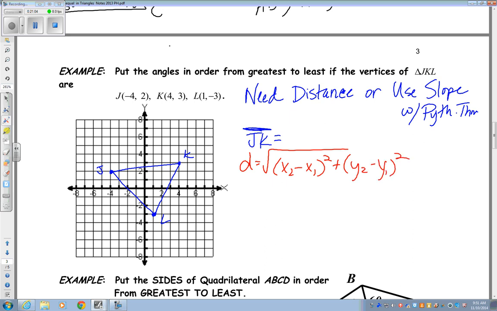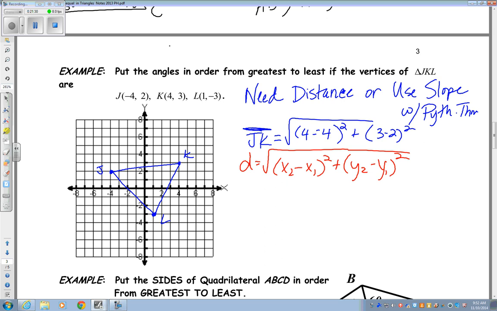So if I'm using J and K, we have to plug it in. What are our x's for J and K? Yeah, 4 and negative 4. So 4 minus negative 4, squared, and then we do the y's. So there'll be 3 minus 2, right? Squared.